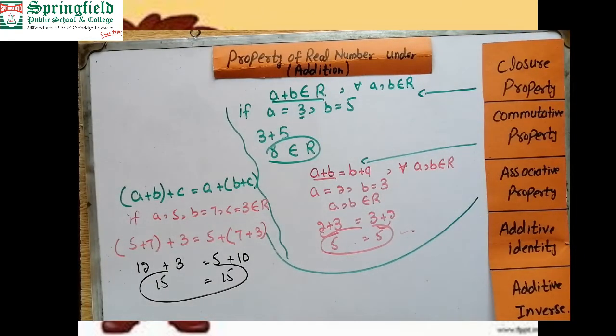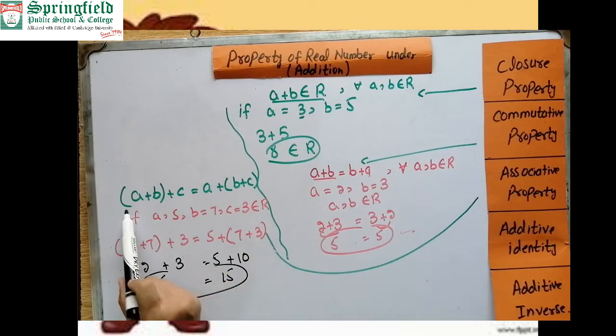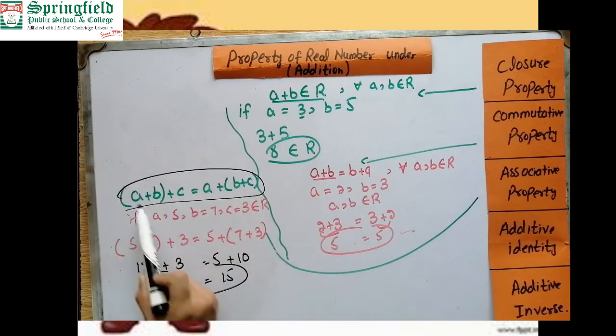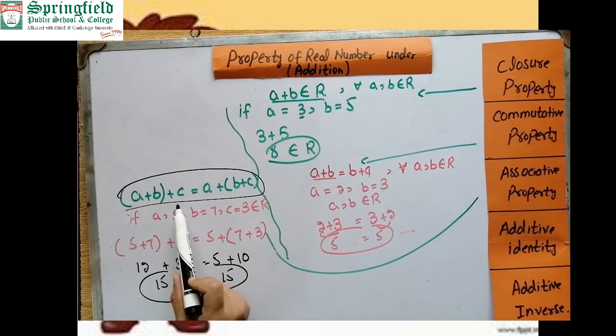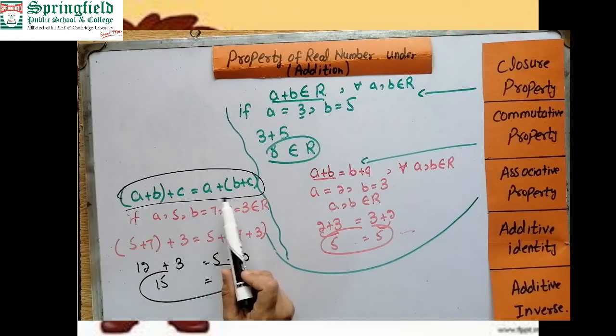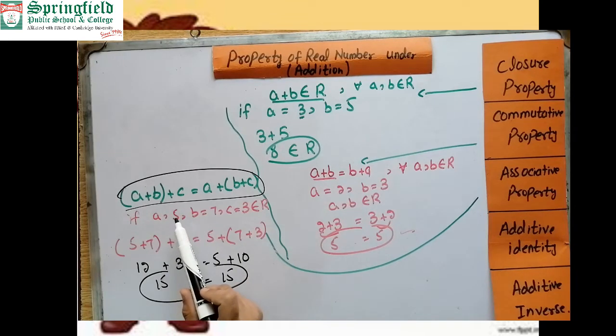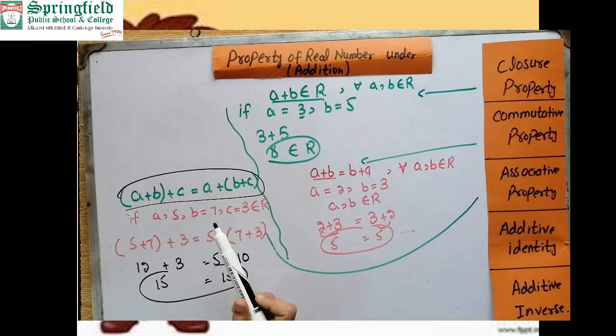So in both cases the left hand side is equal to the right hand side, which is called the associative property. When we add A plus B first and then add C, it gives the same answer as when we add B plus C first and then add it to A, when all the numbers belong to real numbers.